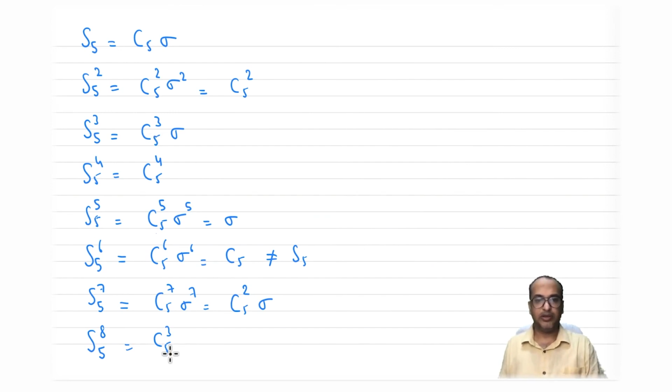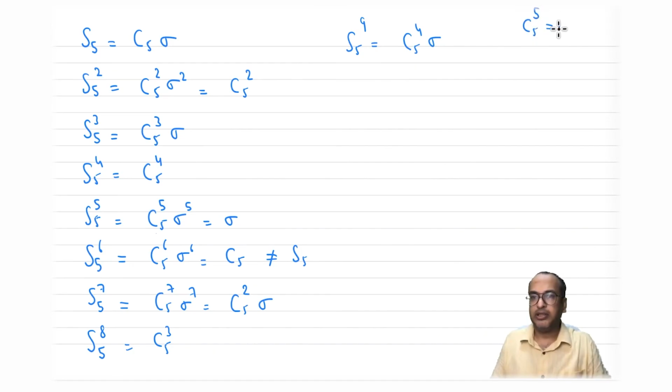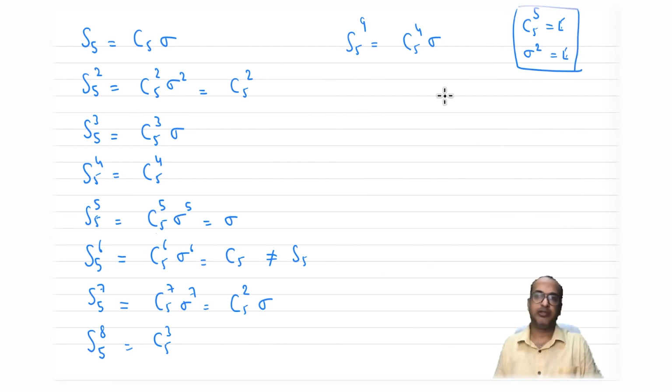Again, this is a non-redundant operation. Now let's continue. S5 to the power 9. So we have C5 4 and sigma. I'm shortcutting this; you can do it explicitly and see. What you have to make sure is that whenever you are hitting sigma square or even powers, this is equal to E. I'm using this to simplify.